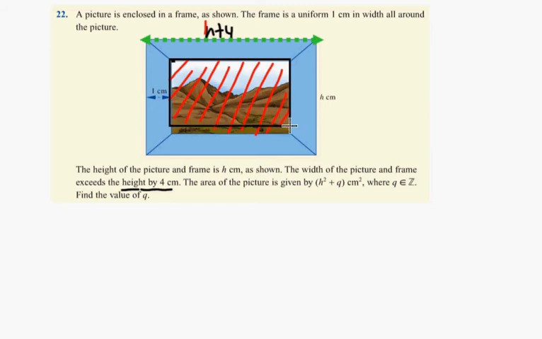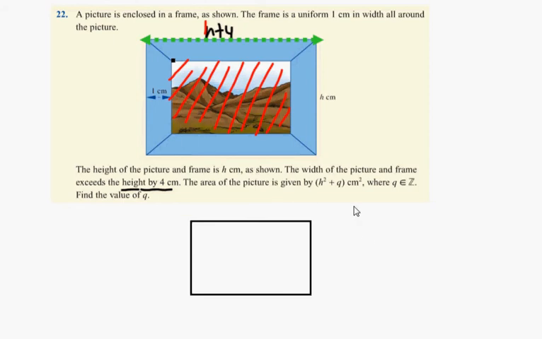So this is the diagram of it here. If I take 1 off the edge, if I get rid of that part there and that part there, what would be left over? It would be h plus 2, because it's h plus 4, take away your 2, which gives me h plus 2 here. Okay, that's perfect.